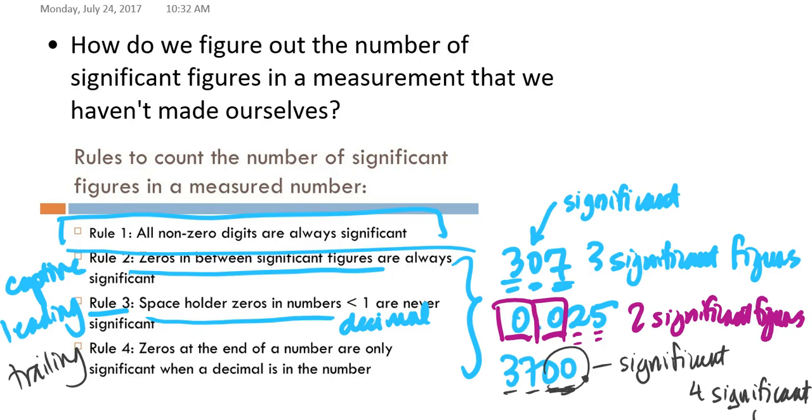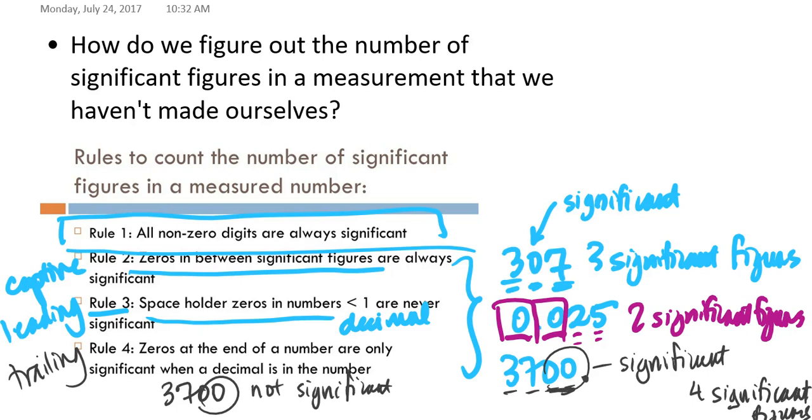And that would mean that there are 1, 2, 3, 4 significant figures. But if I have 3,700 and I don't include a decimal point, then these zeros are not significant.